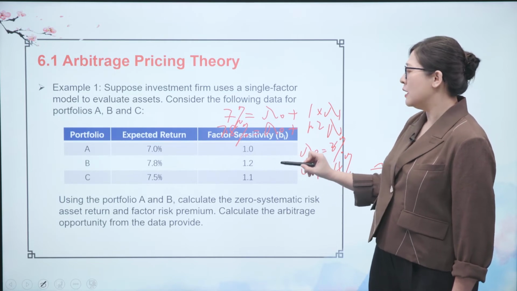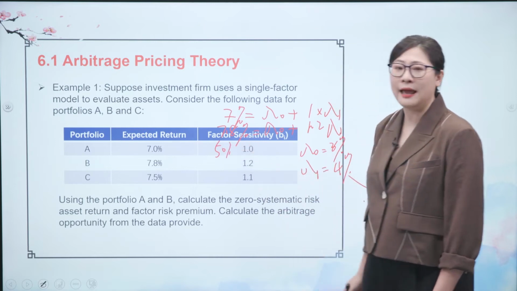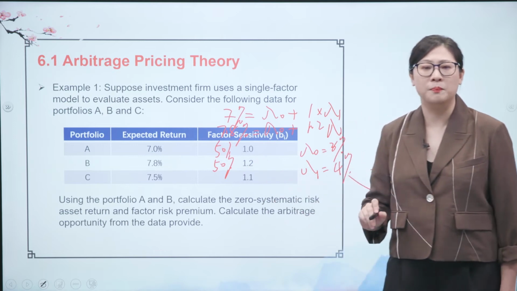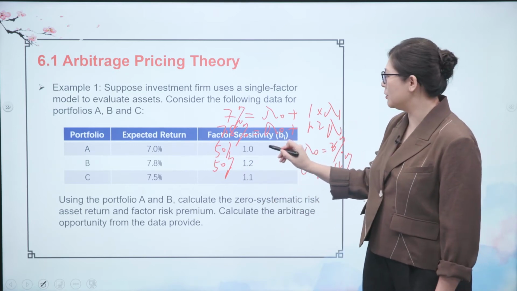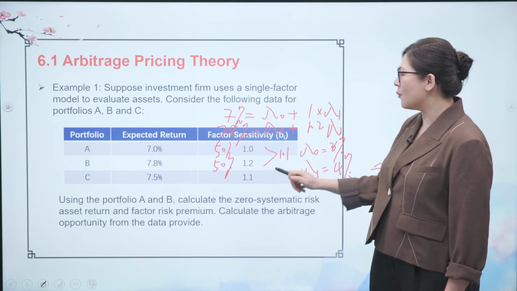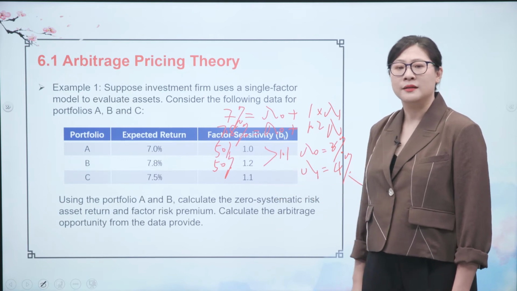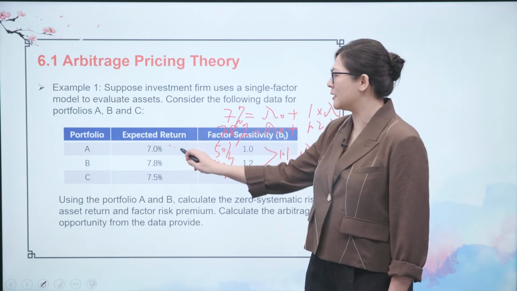So if you invest 50% in portfolio A and 50% in portfolio B, the factor sensitivity should equal 1.1. So this 1.1 is exactly the same as portfolio C. Now let's have a look at the expected return.